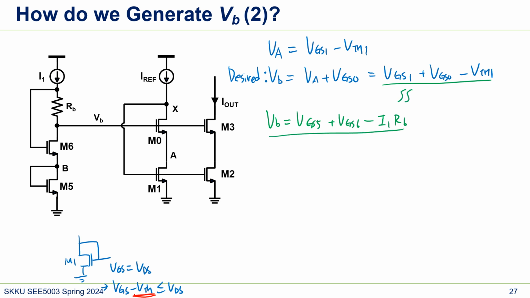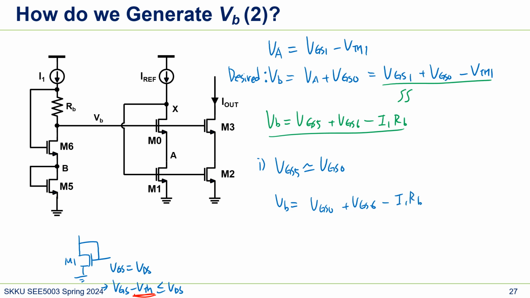So first, let's properly design the circuit so that VGS5 is close to VGS0. If we do that, in these two equations, VB becomes VGS0 plus VGS6 minus I1RB.